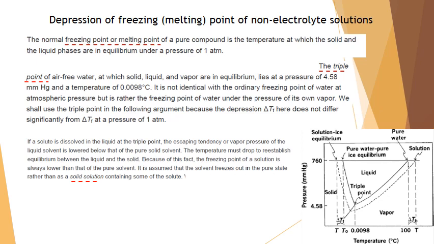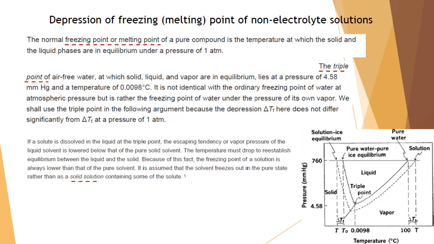For a pure substance, the freezing point or melting point can be defined as the temperature at which solid and liquid states exist in equilibrium, under 1 atmosphere pressure. This is the basic and simple definition of freezing and melting point.